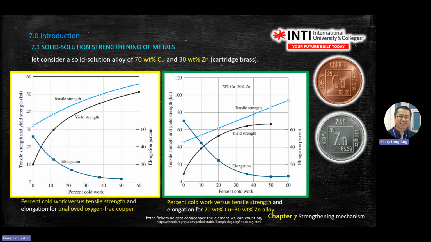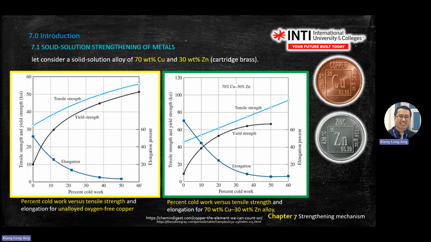I pick one, for example the tensile strength. If it's pure, minimum you'll get 30. This one is in KSI, kilopounds per square inch, but anyway, we just look at the numbers qualitatively. If you look at the blue color, you start with 30.